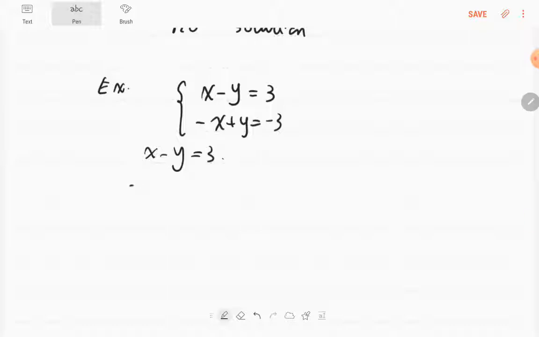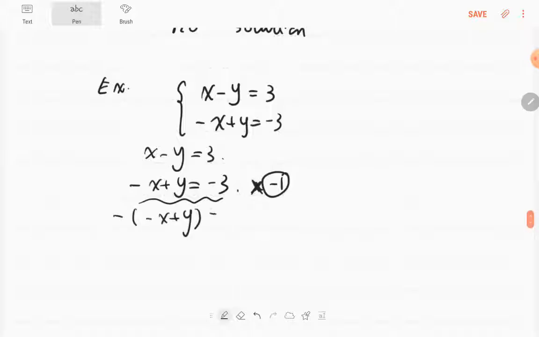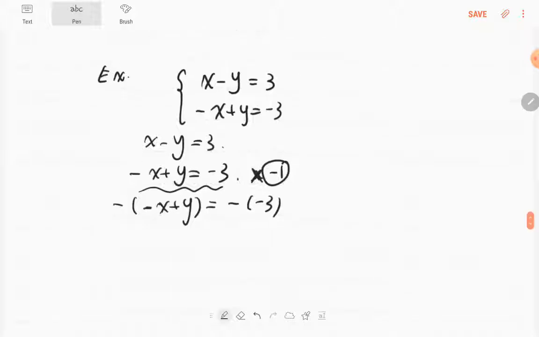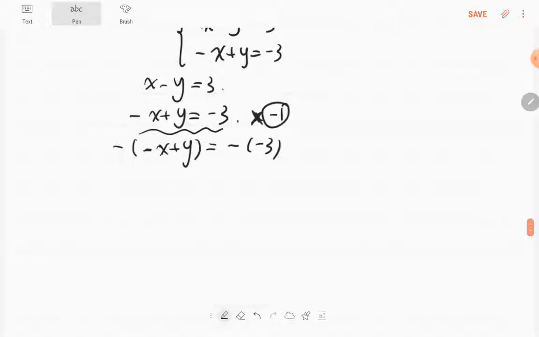If you observe the second one, and multiply both sides of the equation by negative 1, remember, if we multiply both sides by the same number, the equation remains the same, right?